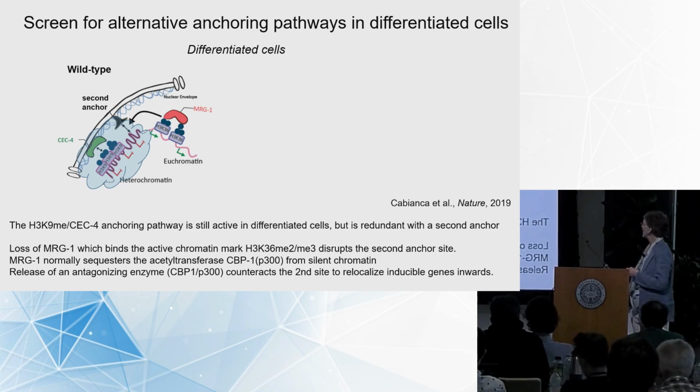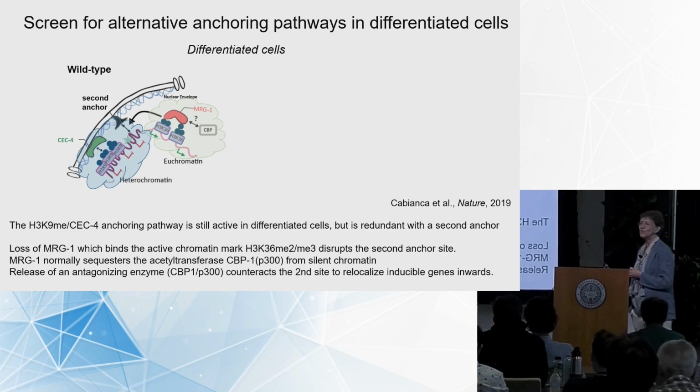You have to actually knock out CEC4 as well. And we found that MRG1, actually its role is to sequester, we're not sure if it's direct or indirect, CBP, which is the major P300 histone acetyltransferase, away from heterochromatin, or promoters that would have CBP type binding sites in heterochromatin.